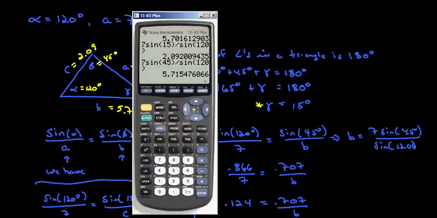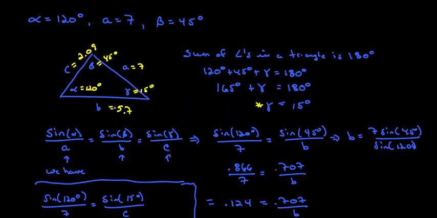So you notice that this is more accurate than what we got before, but it's in the ballpark. That's one of the reasons we don't like to use the second length we find when we do the next computation, because you can end up with a little bit of error there. But this is the solution. So now we've found what B, gamma, and C are, and those were our missing pieces.